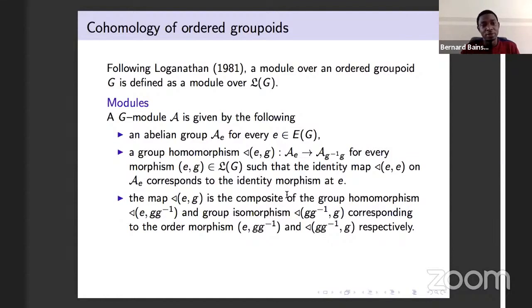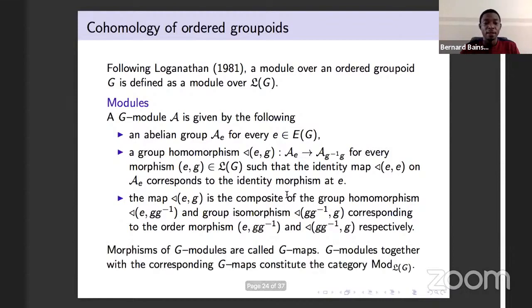So we sprinkle abelian groups over the identities, and then whenever you have a map, what you get is a group homomorphism between them. So that is what a module does. So the collection of all G-modules and then maps between G-modules, we will call that the category Mod G.